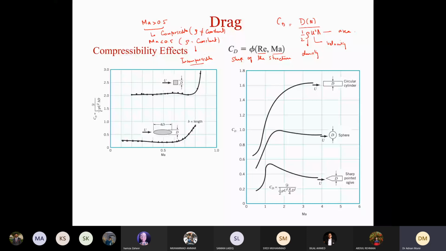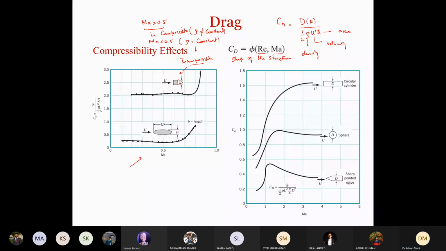Now in this figure, we were looking at the compressibility effects, and you can clearly see that this graph is giving us the Mach number on the x-axis and the drag coefficient on the y-axis for two different shapes. One is for a circular cylinder. This is showing you the front view of the cylinder.